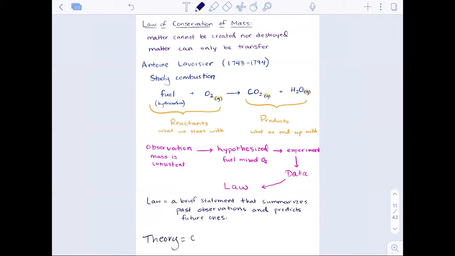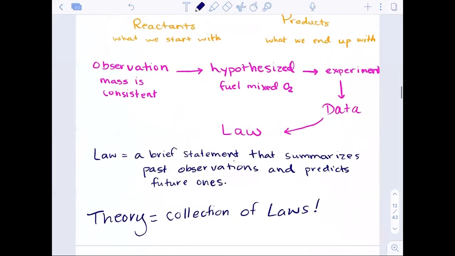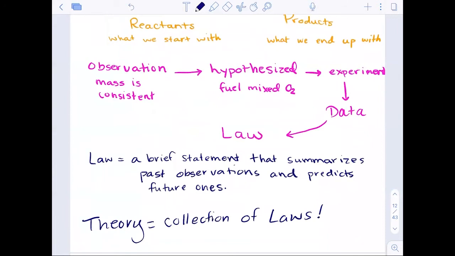It can be a collection of laws, but the main thing that we want to think about with this collection of laws is the idea that a theory explains how nature behaves.